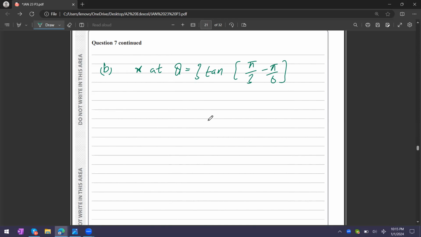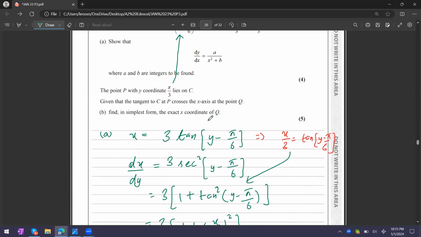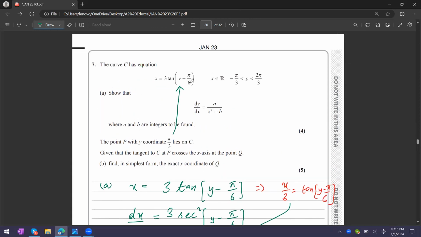No, the y coordinate is pi by 3. Yeah, so we put pi by 3 minus pi by 6.